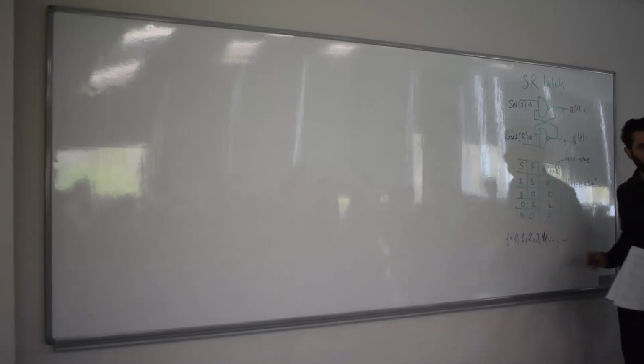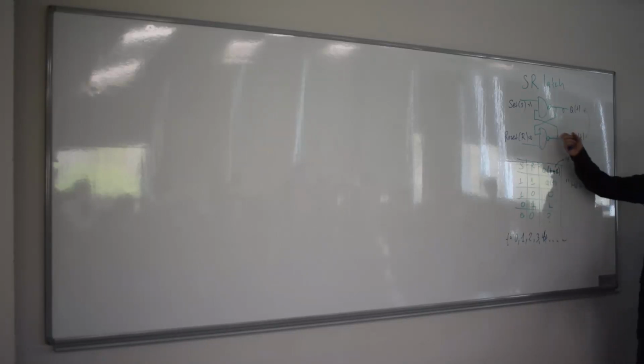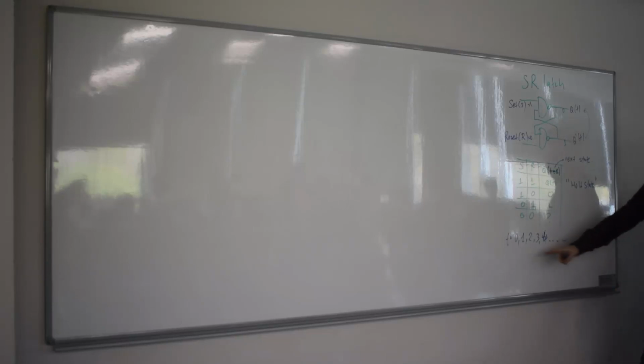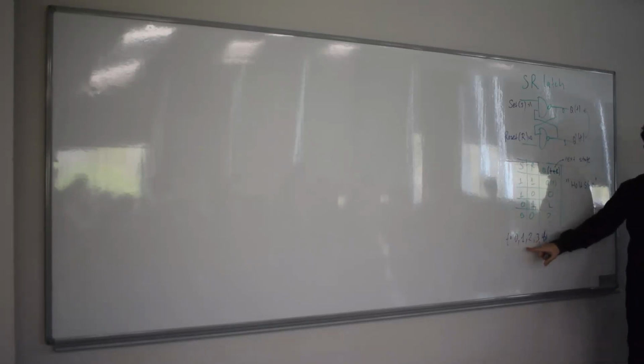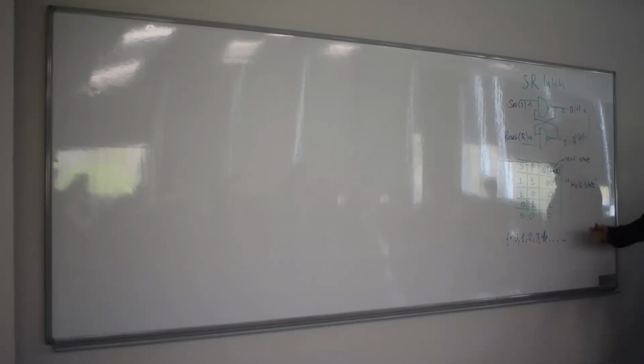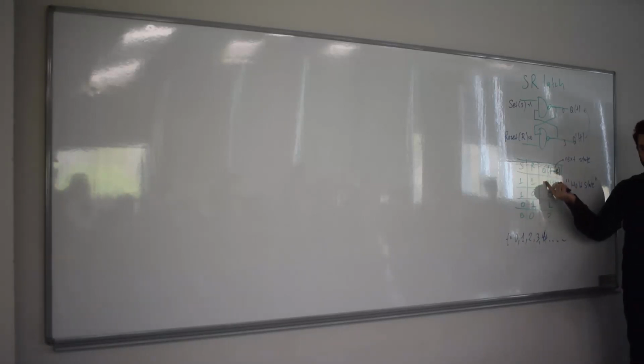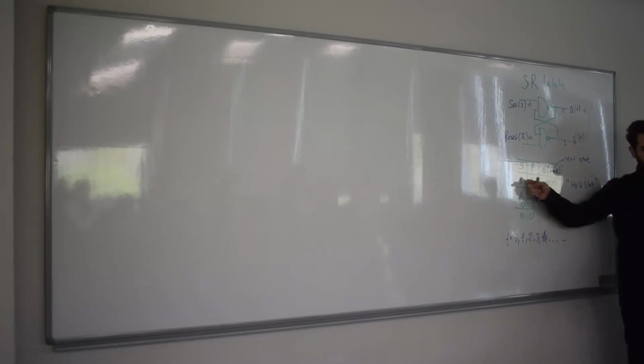It's all integers, not real numbers. The reason is that we're going to have a clock signal and clock ticks. Every clock tick goes from one integer to the next. So this is our next state, and this is the previous state, right? Therefore, if you set S equals 1, R equals 1, you keep this state.